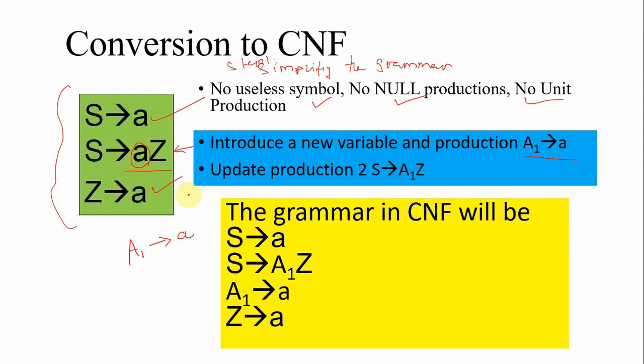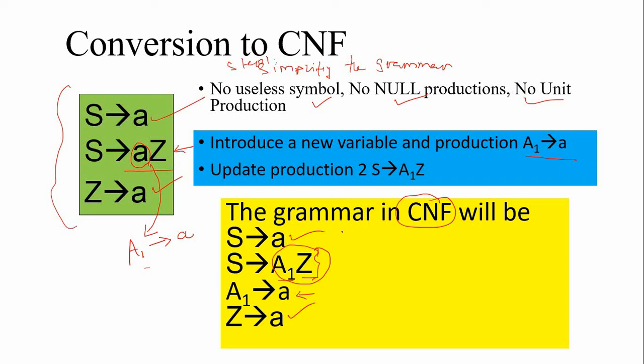Okay, so what will happen? S gives a stays the same, Z gives a also will be the same. Instead of this a, we are going to make use of this variable. S gives A1 Z, and A1 gives a should be added to the grammar so that it is indirectly generating the same string. S gives aZ, right? But now this production satisfies the property of CNF because we have got two variables here on the right hand side.